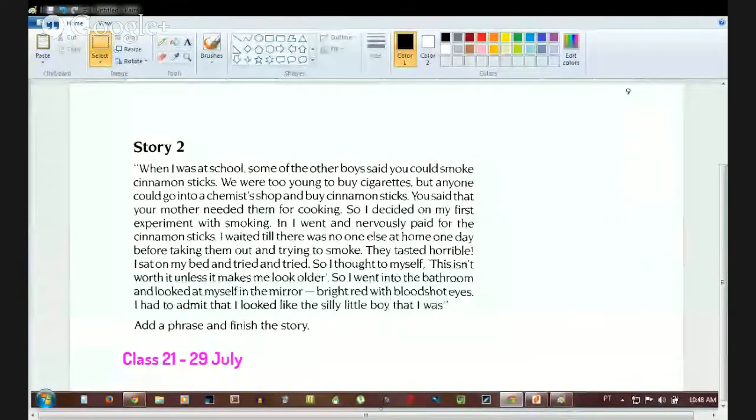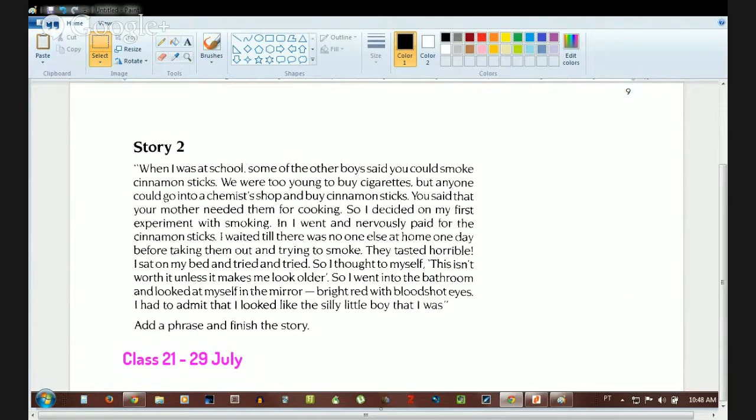When I was at school, some of the other boys said I could smoke cinnamon sticks. Cinnamon. Canela.